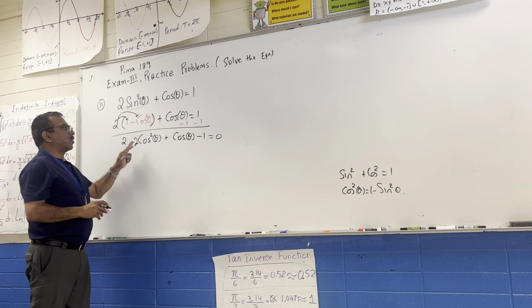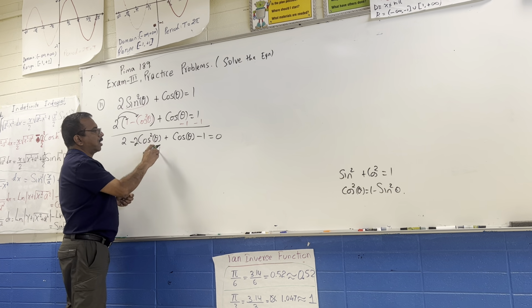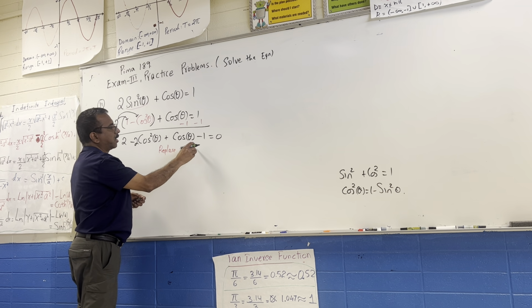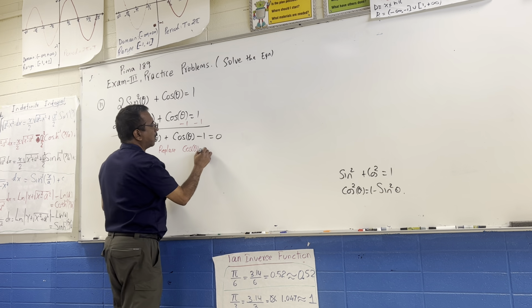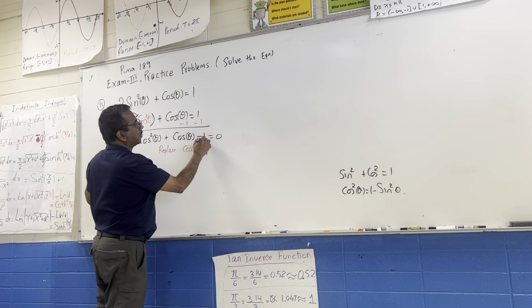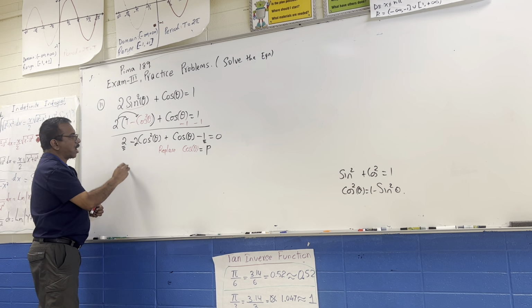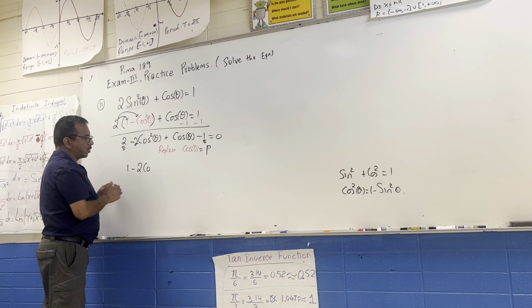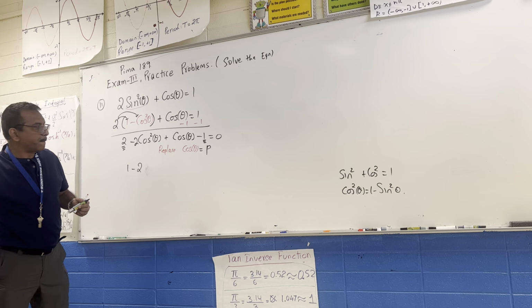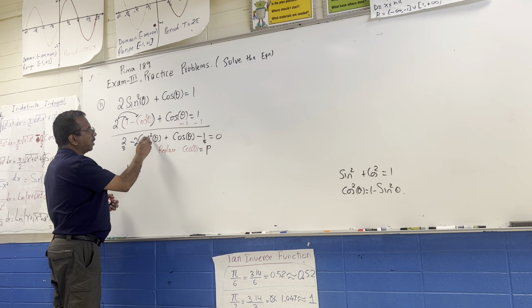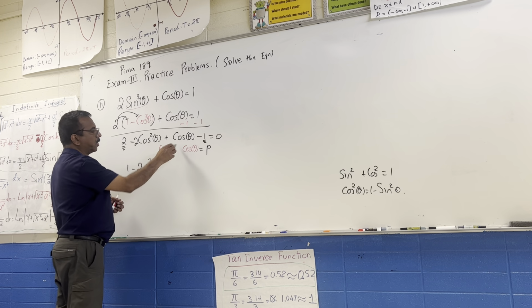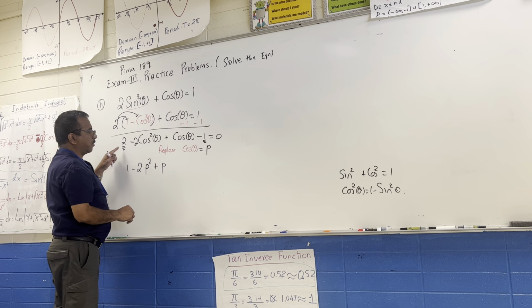There's a cosine square, so instead of cosine theta, let's replace it by some variable p. So this 2 and this negative 1 will be 1, so I will write 1 minus 2p square plus p equals 0.